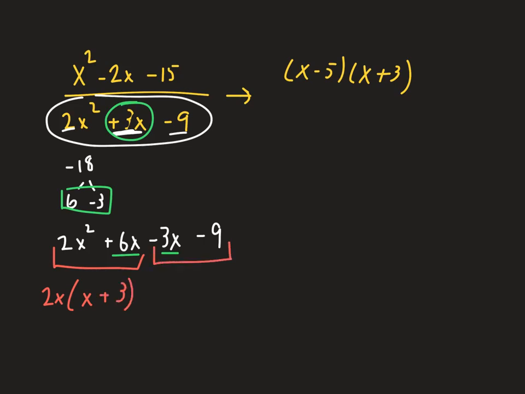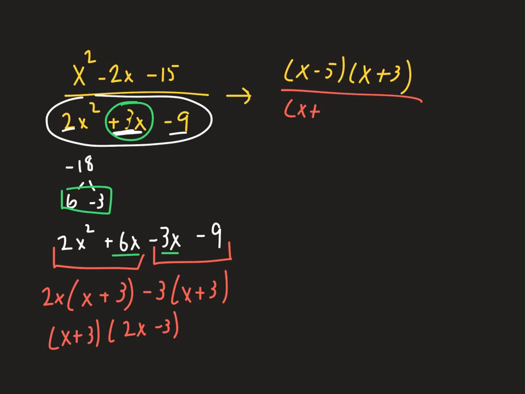Then the next two terms, there's a minus there. The common factor is 3, and when you divide a 3 out, it becomes x plus 3 again, and that's good. Now they have the common factor of x plus 3, and the leftover is 2x minus 3. So that's our factored version of the denominator, x plus 3 times 2x minus 3.